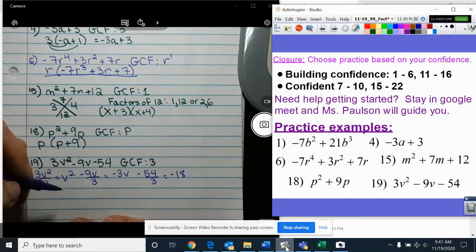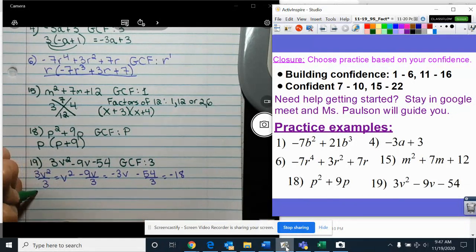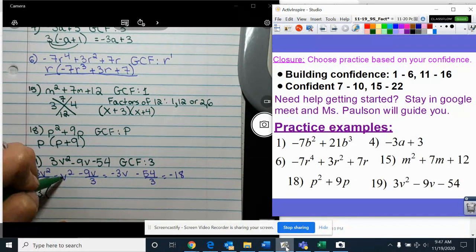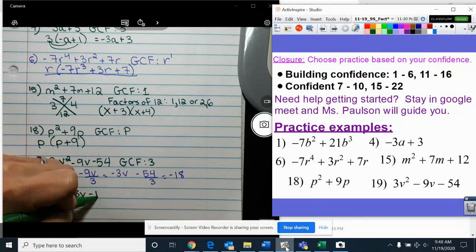So look what we have once we factor out this 3. We have 3 times v squared, subtract 3v, subtract 18.